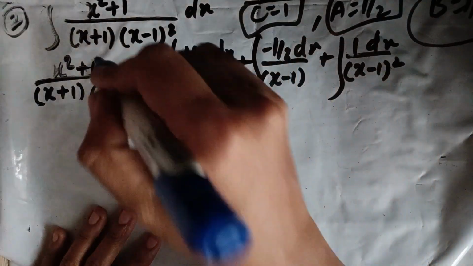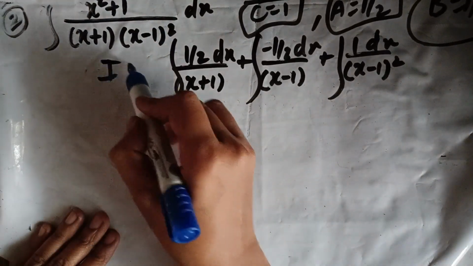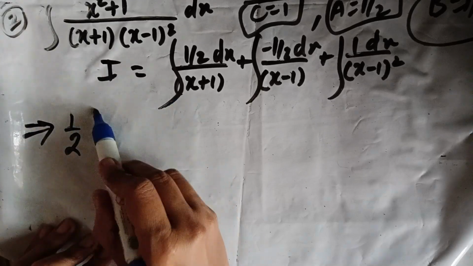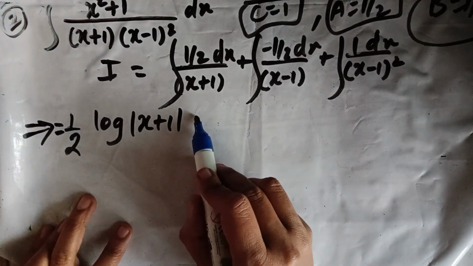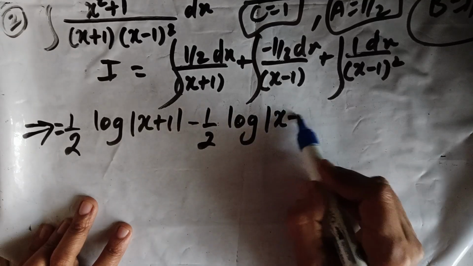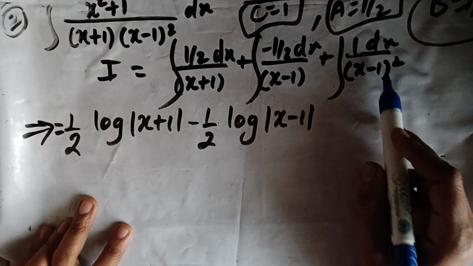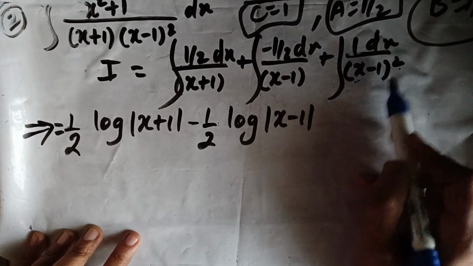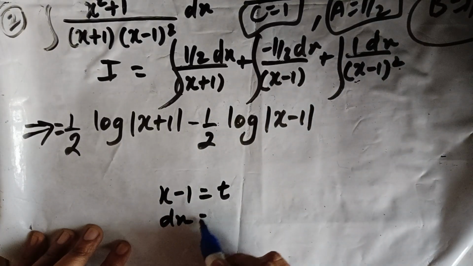So integrating, we'll get half, integral of x plus 1 is log x plus 1. Then minus half, integral of x minus 1 is log x minus 1. And here this is x minus 1 the whole square. If you take this term x minus 1 as t, we'll get dx equal to dt.